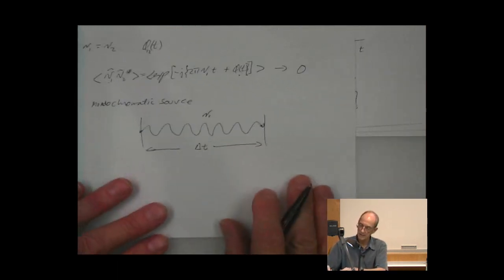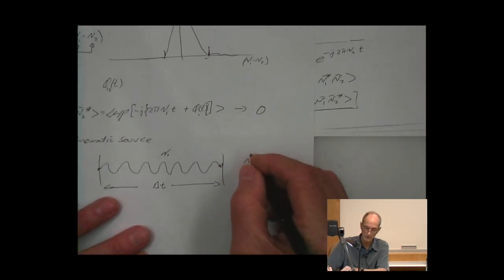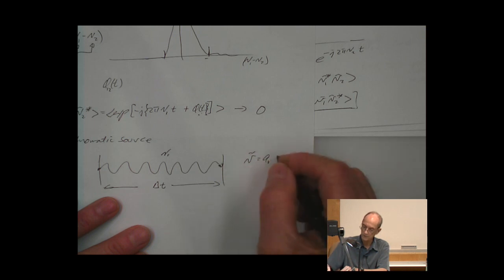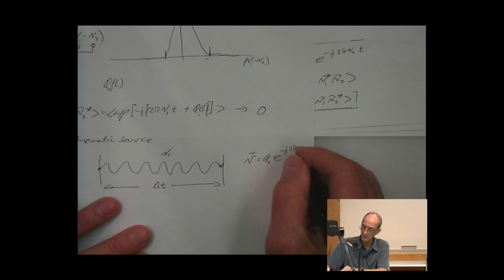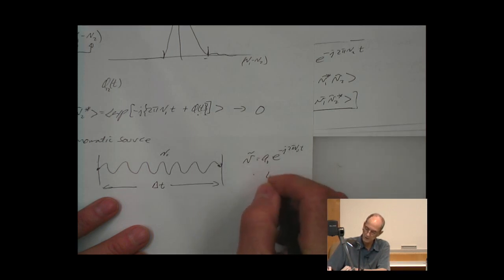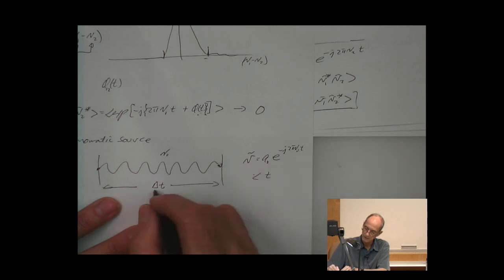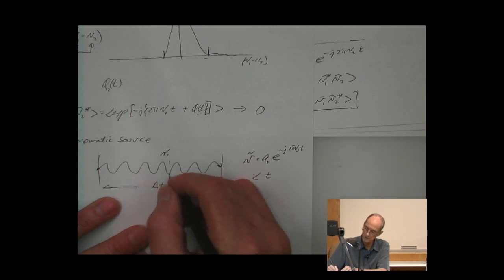So we can represent that field as, again, V has a magnitude of A0, e to the minus j 2 pi nu 0 t. And we have that when t is within this range here. So let's take the center of that to be zero.